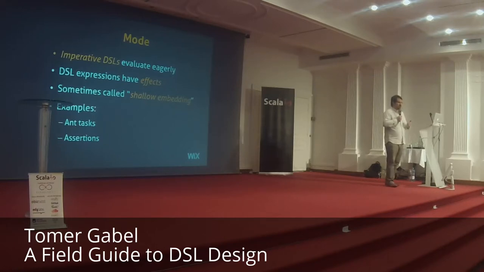This type of DSL eagerly evaluates expressions. What's returned from expressions in that language are effects. I don't expect to get back a representation of my expression. I expect that expression to be evaluated and to get back the result of that expression. So examples of that may include data assertions, as we saw before, or it could include things like Ant tasks.